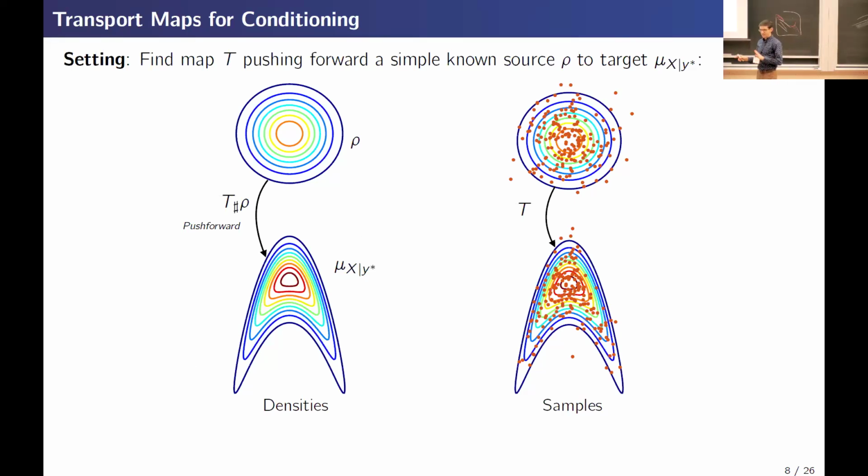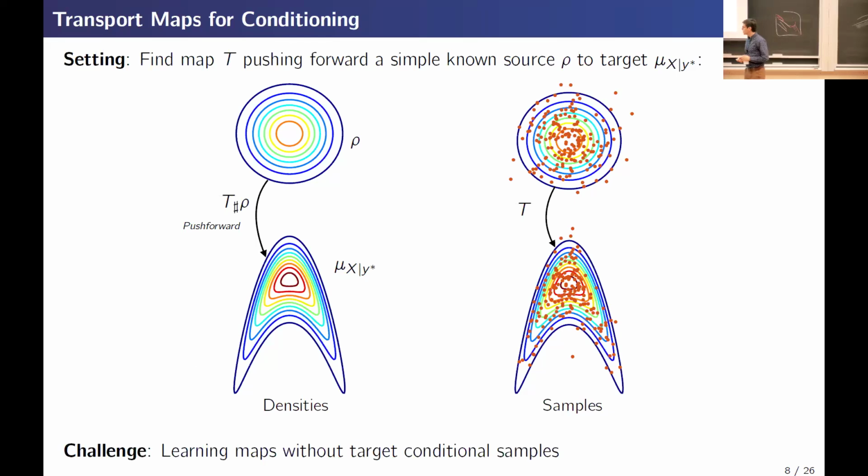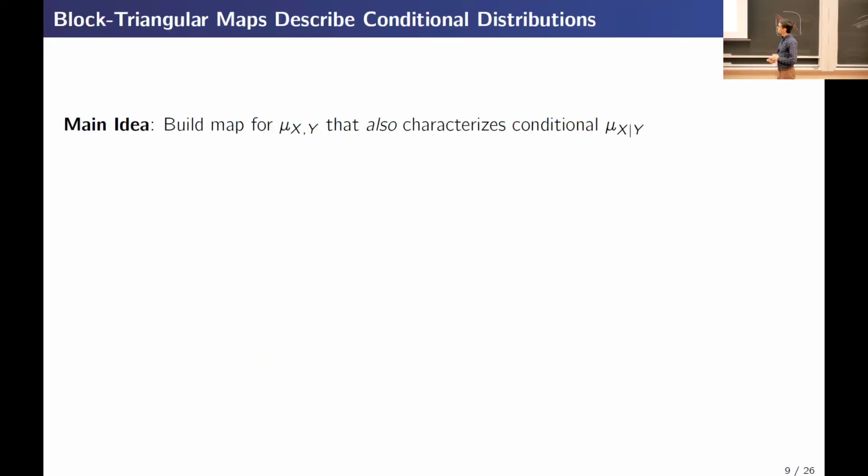And we're in settings, like we mentioned, where we don't have samples from this target that we care about. The source is always something that we pick, but the target we don't have. All we have is samples of this joint distribution. So how do we learn these maps without our target samples?